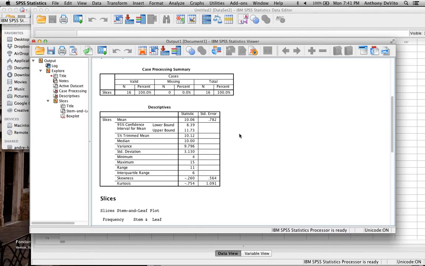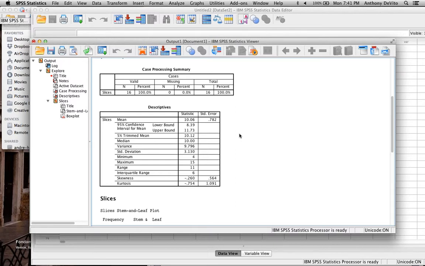I want to test whether or not Ben's gives a different number of slices than all the rest of the delicatessens in the city. So what am I comparing Ben's to? I'm comparing Ben's to 8. So my null hypothesis is mu is equal to 8, right?